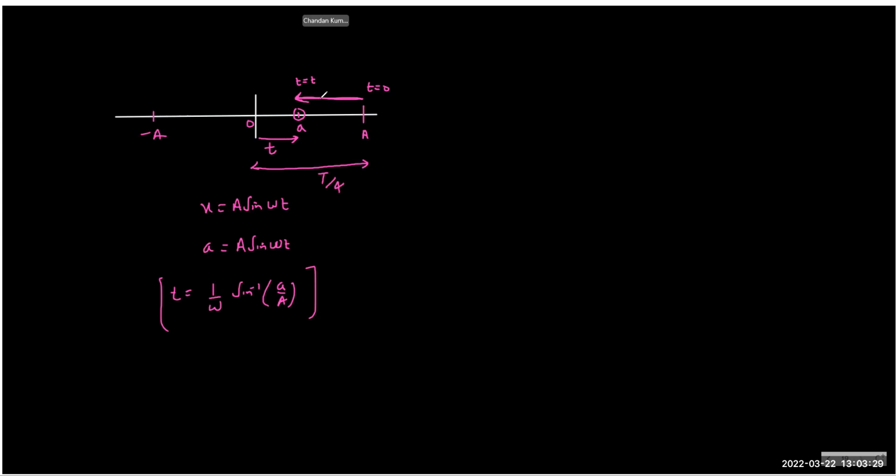So the answer which they are asking, let's call it delta t. Can we say t plus delta t must equal T by 4? So the answer which they are asking, we can rewrite as T by 4 minus t. That's easy, right? In SHM, every quadrant will take how much time?